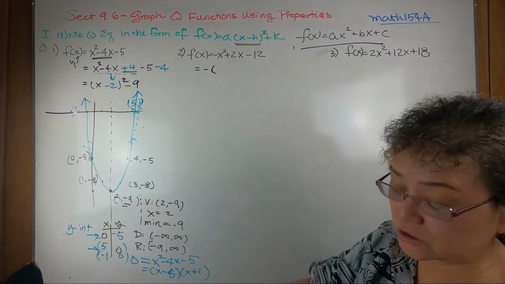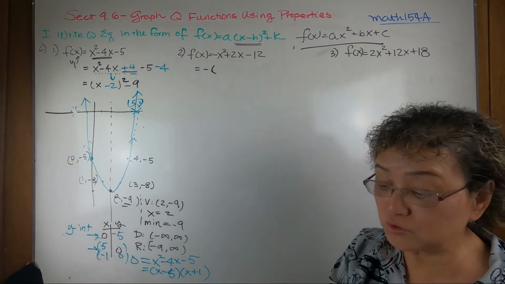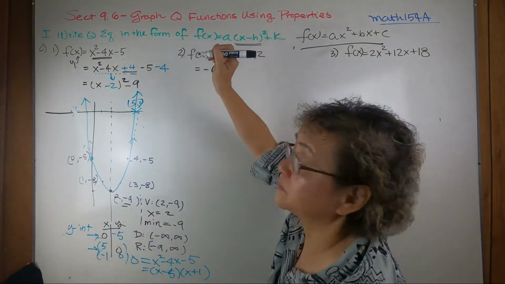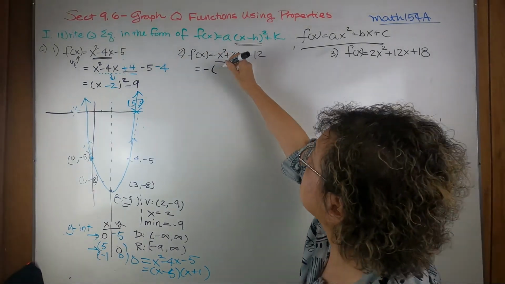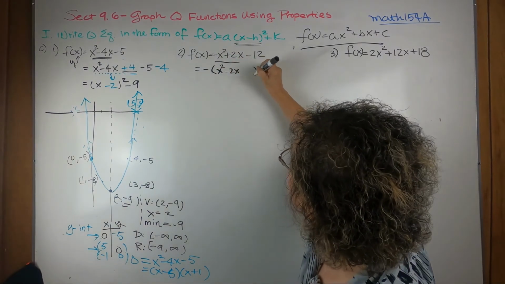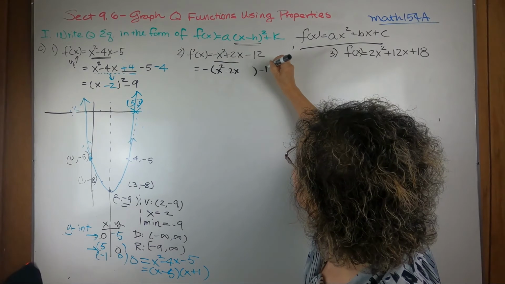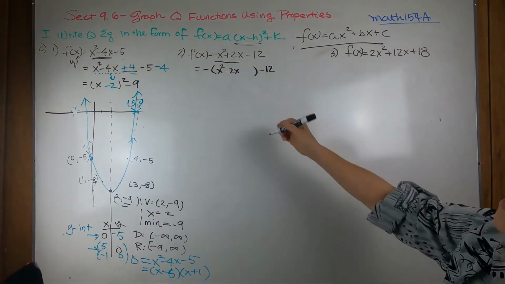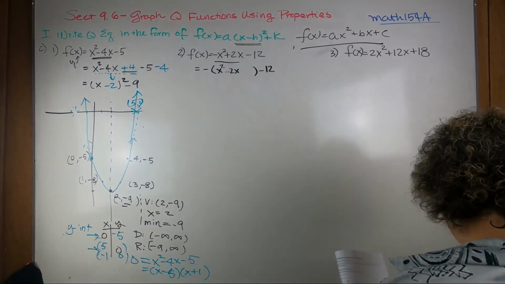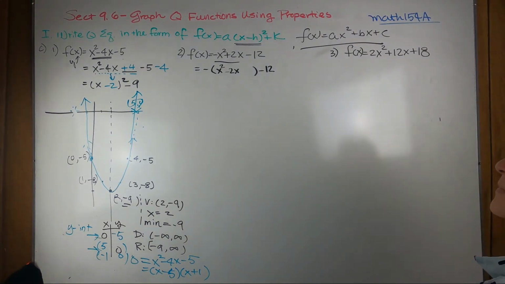So I'm going to just use the first two terms to find the third term. So I'm going to use x squared minus 2x this way, and minus 12 was original. So are they the same? Right? I'm just writing it differently.